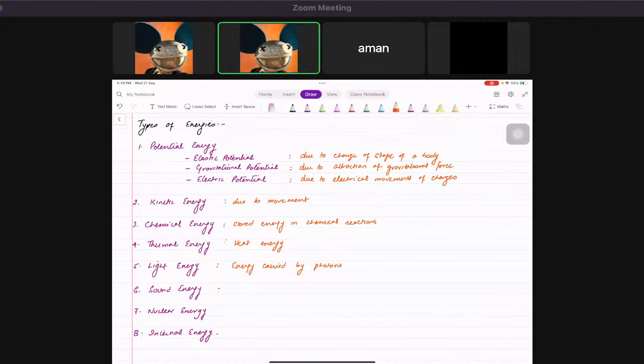Sound is the energy due to longitudinal vibrations. Then nuclear energy, energy due to fission or fusion. And internal energy is basically the sum of kinetic and potential energy of a body. Is it clear, everybody?